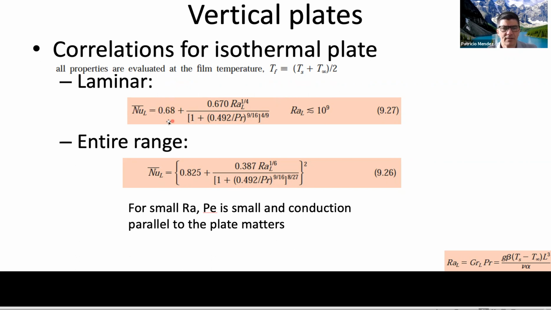This constant is accounting for the fact that when the Rayleigh number is small, that means either there is no gravity, there is no expansion, or there is no temperature difference. In any case, that means the flow is very slow. And if the flow is very slow, advection is not so important, and conduction starts to play a role. That's why we have this 0.68 that accounts for us approaching a conduction problem.